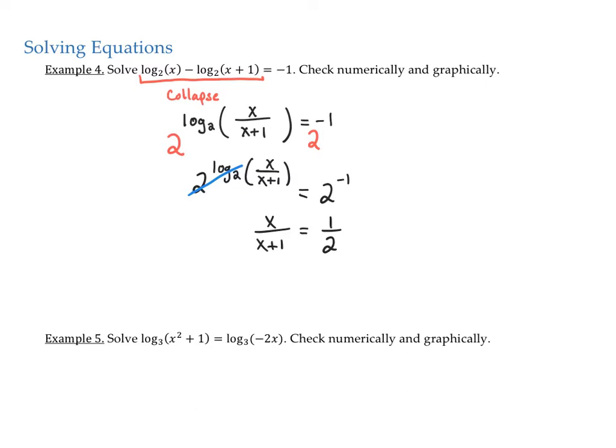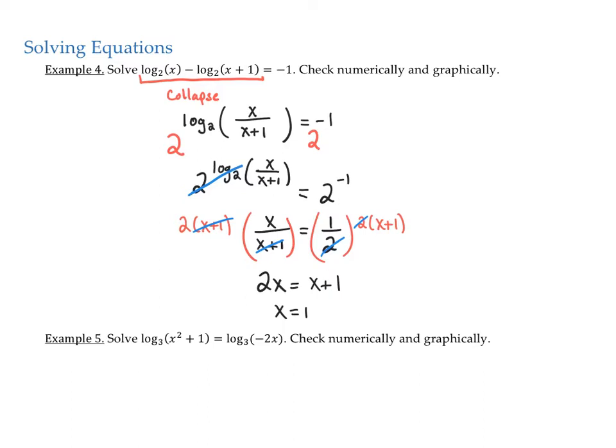Now, since this is a rational equation, I'm going to clear the fractions by multiplying both sides by the lowest common denominator, which is 2 times x plus 1. On the left, the x plus 1 cancels, and on the right, the 2 cancels. And so I have 2x equals x plus 1. If I subtract x from both sides, I just get x equals 1.